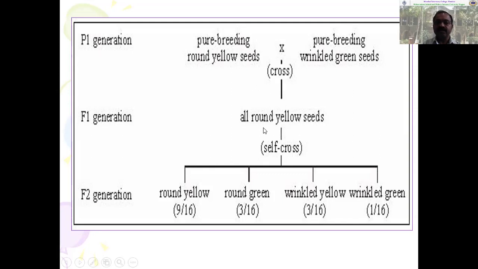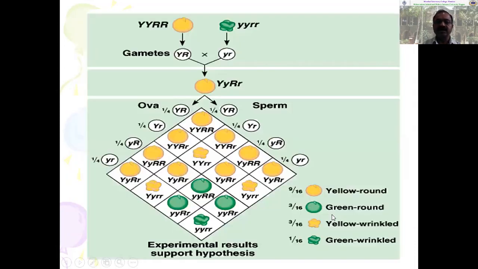When these F1 plants were crossed with each other, in F2 he strikingly got four different types of phenotypes: round yellow, round green, wrinkled yellow, and wrinkled green, in a proportion of 9:3:3:1. So this was considered Mendel's classical dihybrid ratio, because he considered two characteristics, or two pairs of alleles, simultaneously.